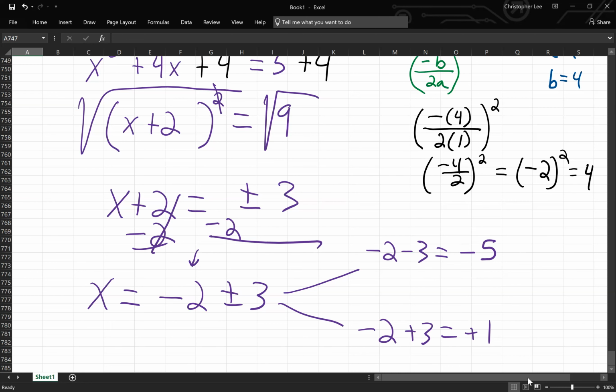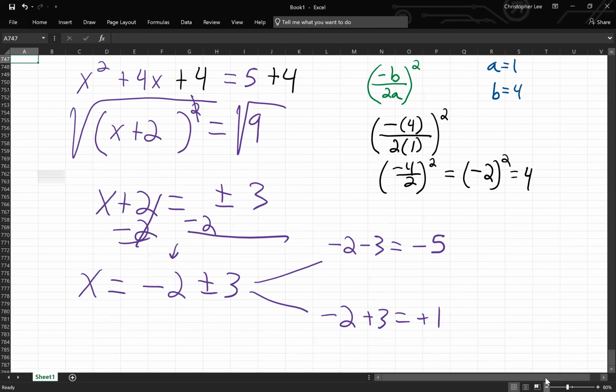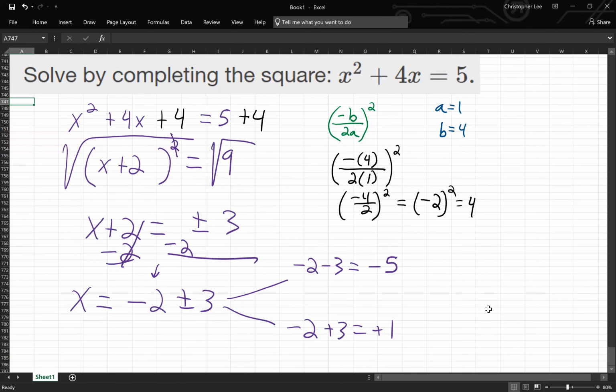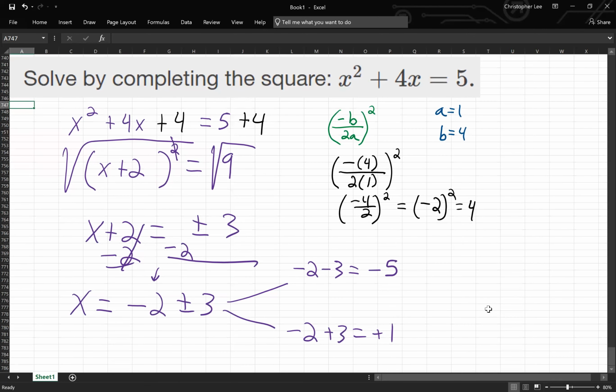Yeah, you just gotta remember the formula. Negative b over 2a. Remember, if we had this question before, you subtract the 5 over, and then you would factor it, the two factors, and then set each one equal to 0.